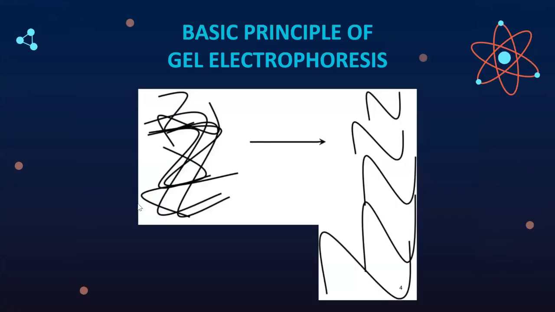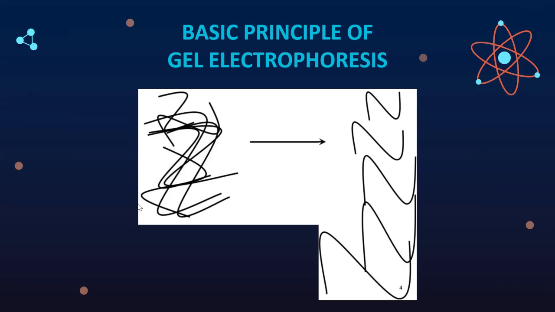So for example, ganito po. When dealing with let's say DNA, magkakaiba po yung size nila. So paano natin sila ngayon i-identify? How are we able to arrange these things? The principle behind gel electrophoresis is that it relies on the fact that smaller molecules move faster and travel farther through the gel than the larger ones.